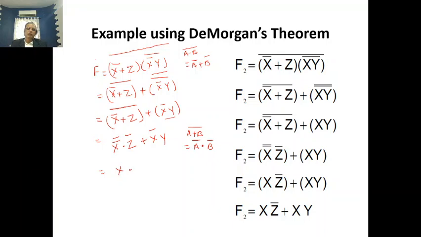This becomes x dot Z bar plus x bar y. This is the simplified Boolean expression of this Boolean expression. This is the original Boolean expression.